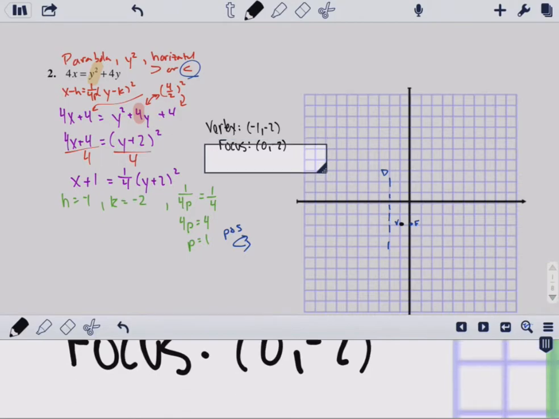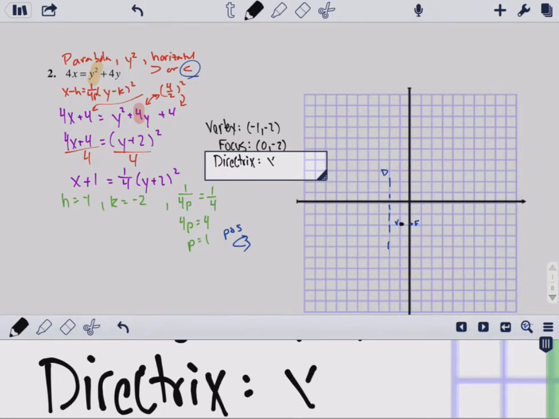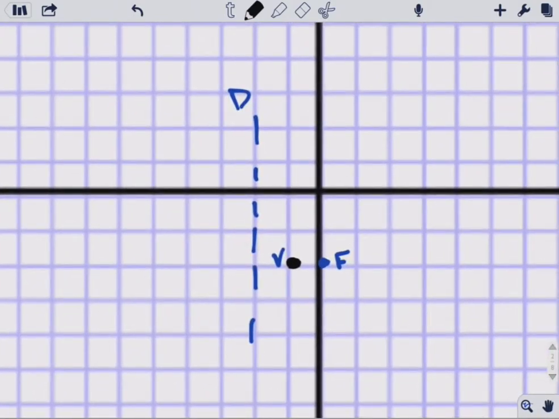The directrix is x equals negative 2. Okay, remember x equals, this is your line for your directrix. Negative 2 in this case, we go 2 to the left. x is always equal to negative 2 on this line right here.